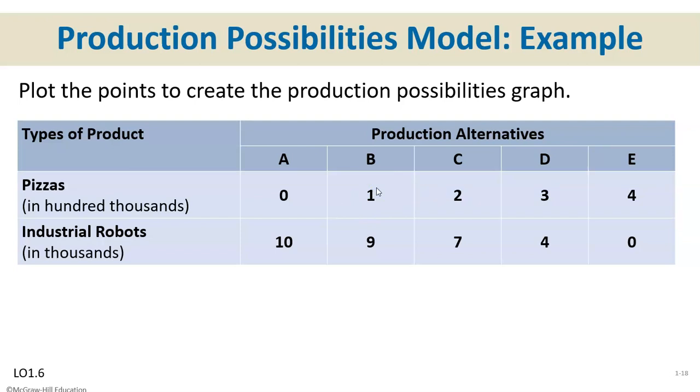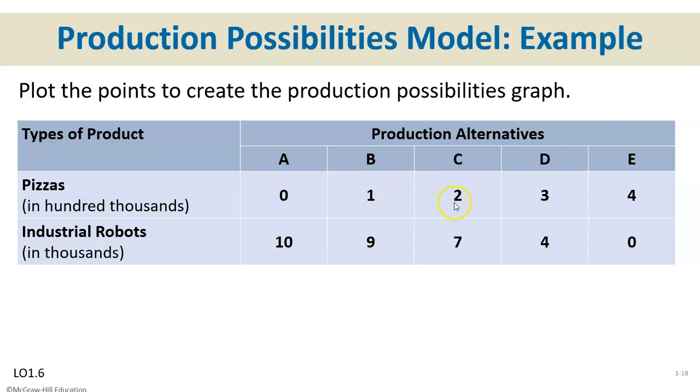What do we have to give up to get that one pizza? What you're going to do is you're going to look and see how it changed on the other good. So we had 10 robots, now we only have 9. So to get one pizza, we had to give up one robot. So the opportunity cost of the first pizza was one robot.